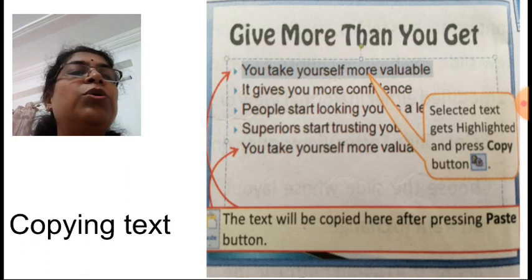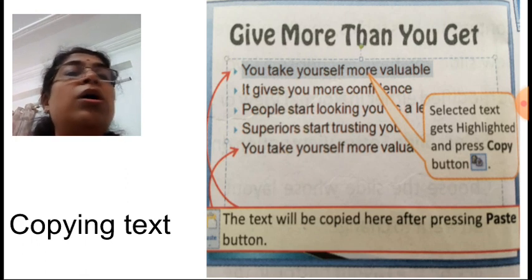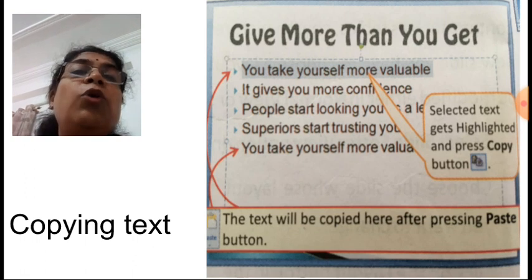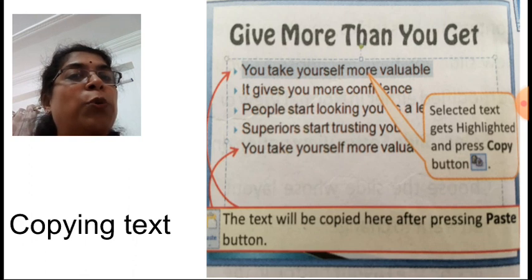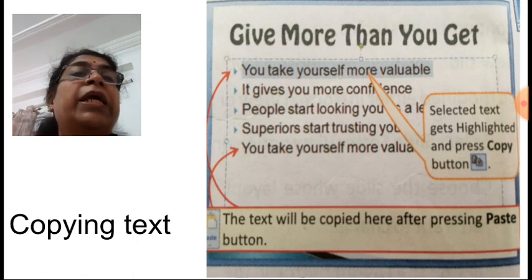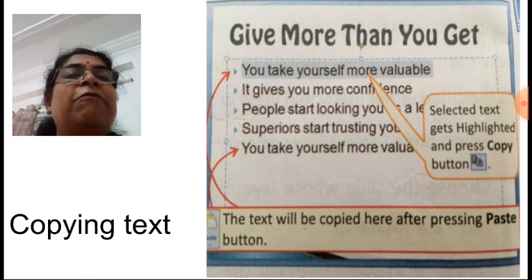Now here we are going to see this text we want to paste somewhere else, at a different location in the same slide. See here, at the first position the text is written, it is highlighted. After highlighting, you have to click on the copy option from the Home tab, Clipboard group. Now here it is not disappearing. It is remaining there itself.